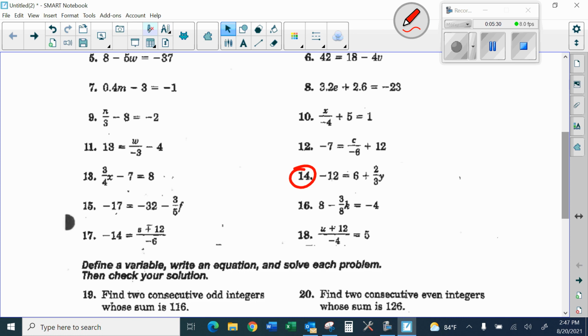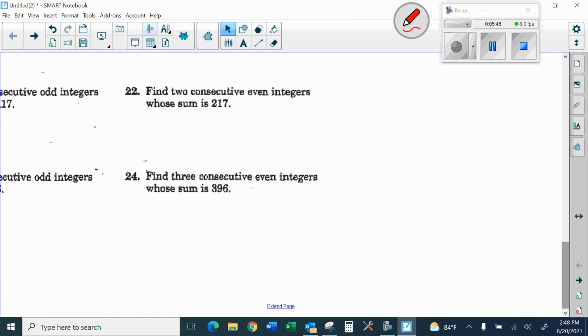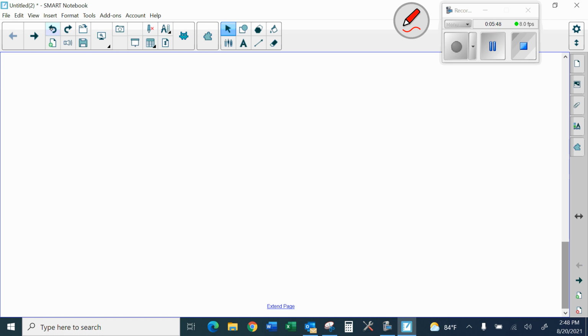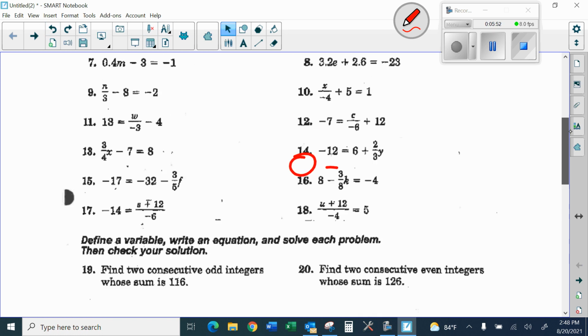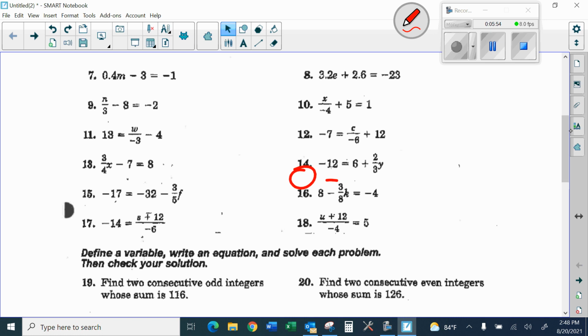Two ways of doing it. I can either leave the fraction and solve it with the fraction in it, but I'm going to show you a shortcut so you don't have to deal with fractions. We're going to clear the fractions out. That means I have to look at the denominator of each one of these. Over 1, over 1, and then this is a 3.